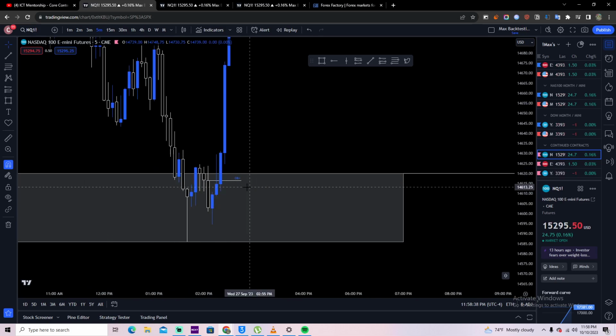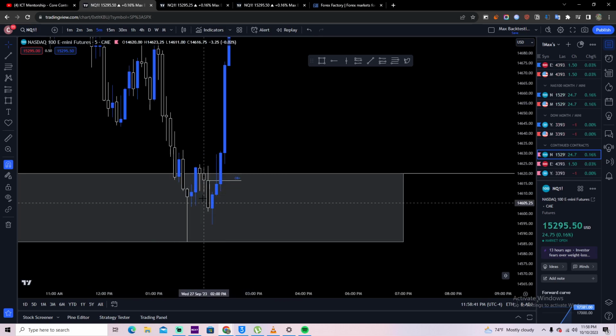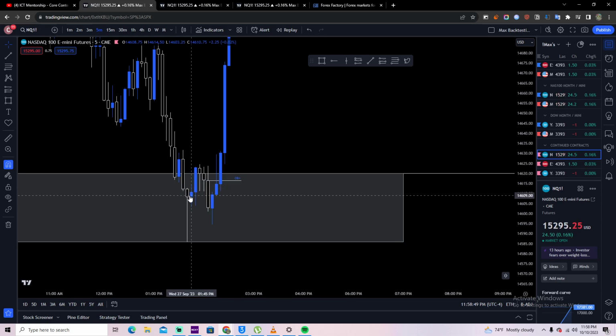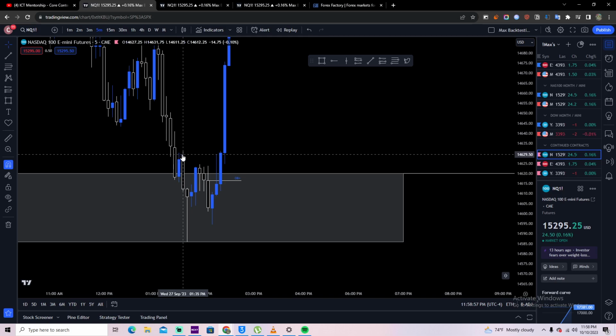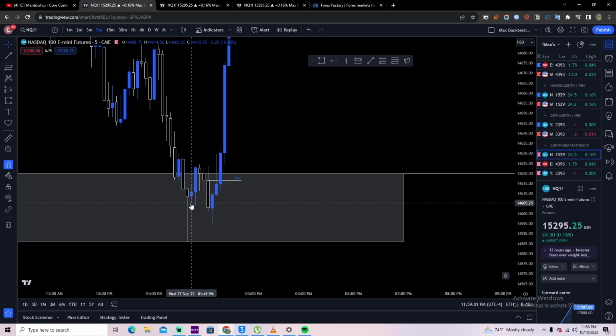All right, but anyways, this is the down candle before the up move. This order block as well, I'm not really going to consider that a valid order block. First of all, this looks like it's part of the 1:30 manipulation in the afternoon, just this down movement oppositional to the larger movement in the afternoon.